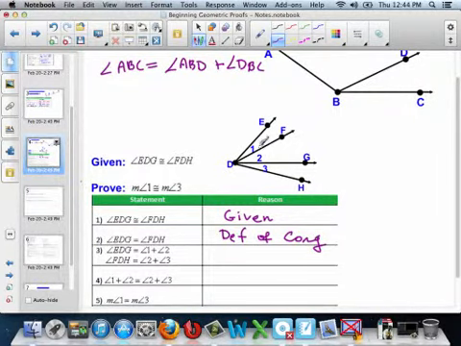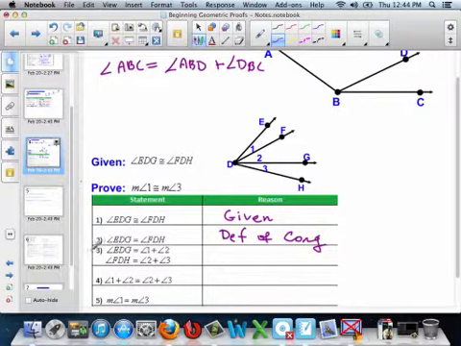EDG is equal to angle 1 plus angle 2, and FDH is equal to angle 2 plus angle 3. Why are those statements correct?